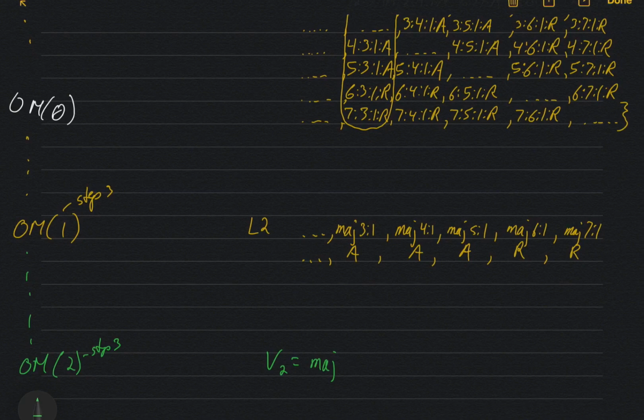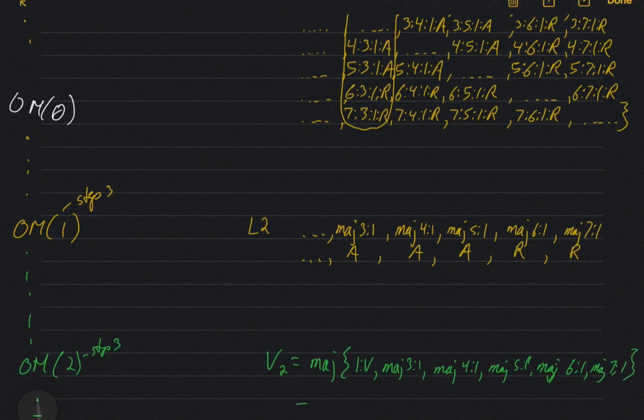the majority of what it heard from the general in the first place, plus these majority values above. So we'll call that the majority 3-1, majority 4-1, majority 5-1, majority 6-1, and majority 7-1.